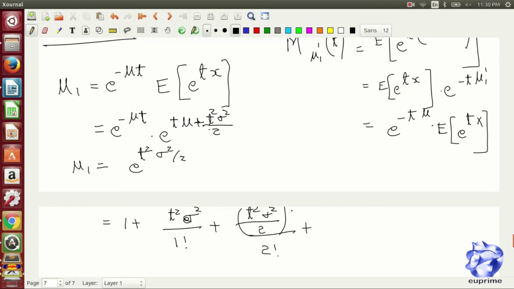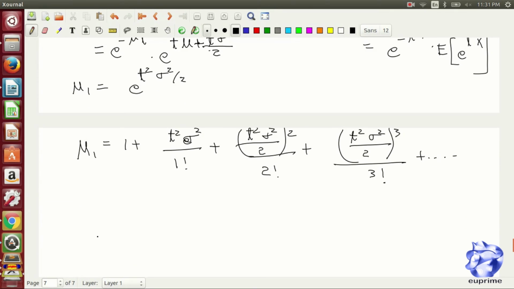This gives the coefficient of t to the power r by r factorial, which gives the rth moment in the same form.